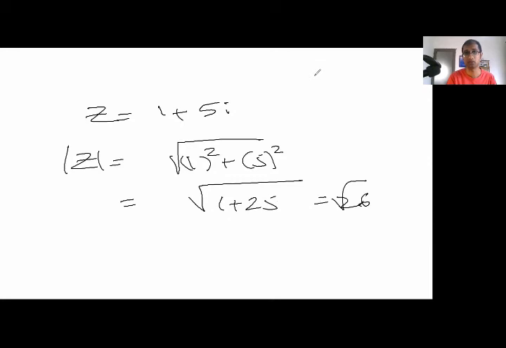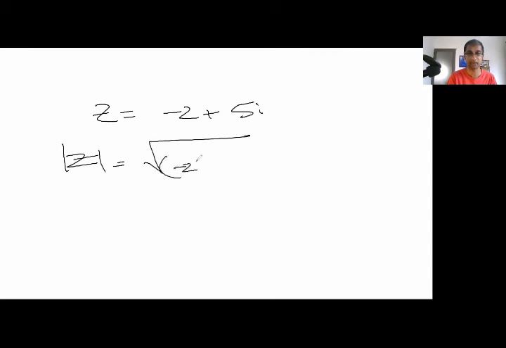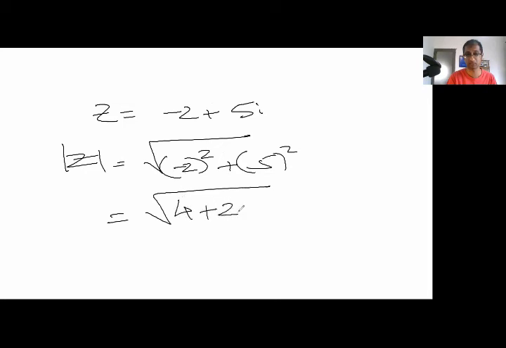Let's try to do one where we have a negative component. So z equals minus 2 plus 5i. Okay, this one is interesting. So modulus of z will be square root of, you see now it becomes important, (minus 2) squared plus (5) squared. So (minus 2) squared is 4 and 5 squared is 25.